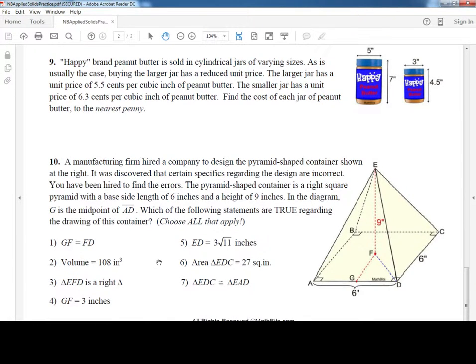Number 6. The area of EDC. So we're looking for the area of this face. So base. Ooh, that is nice. Because we need the height, don't we? We need the height here. So, ideas?